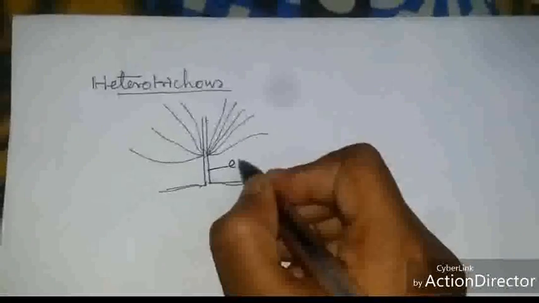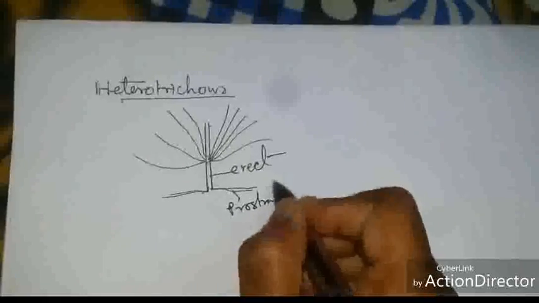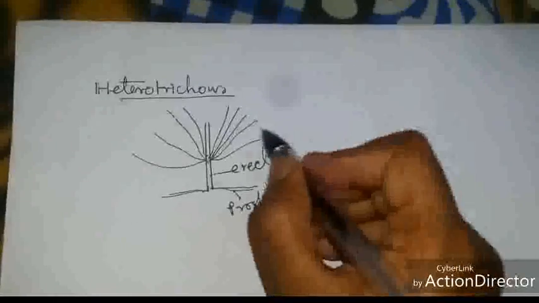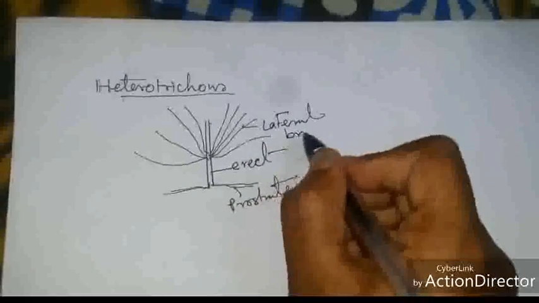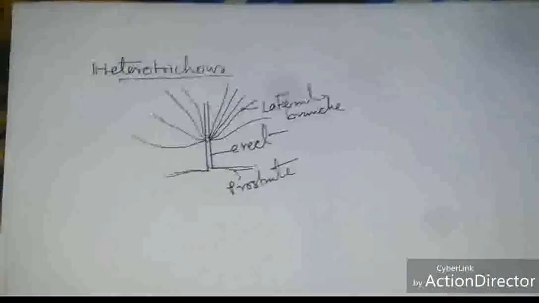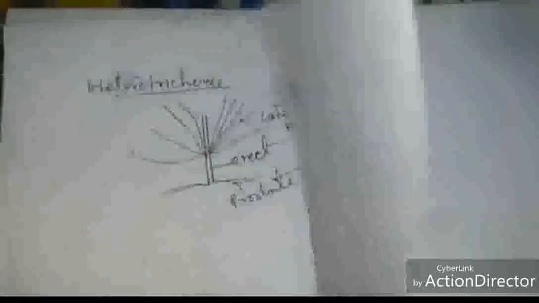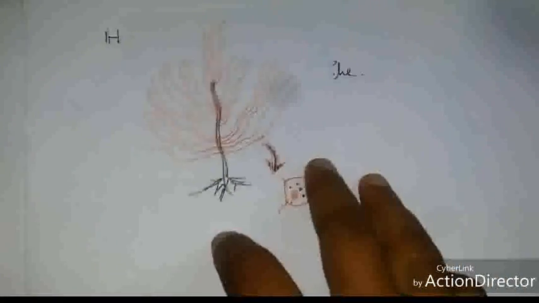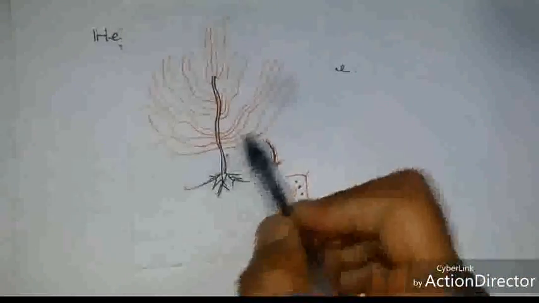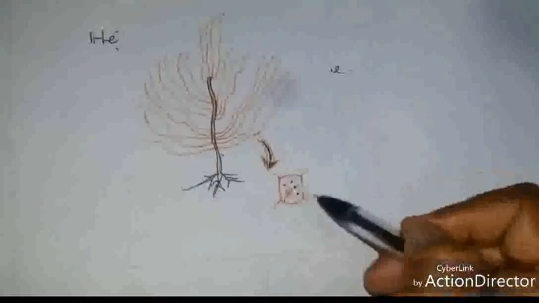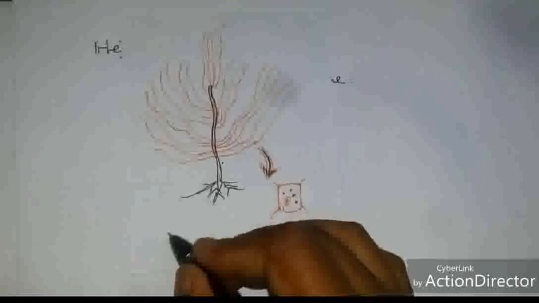So it is erect and it is prostrate, and lateral branches arise. An example of this type of thallus is Ectocarpus. Here it is prostrate, it is erect and has lateral branches, and it's made up of many cells.